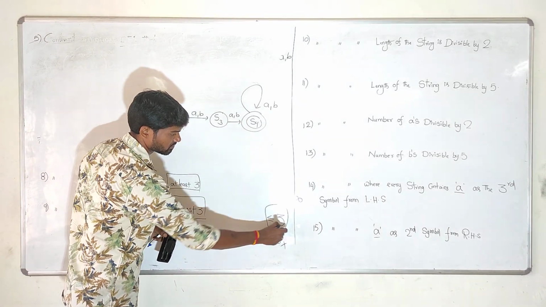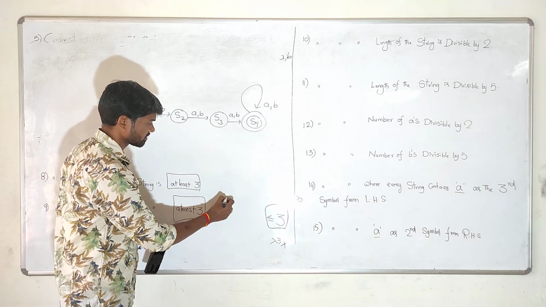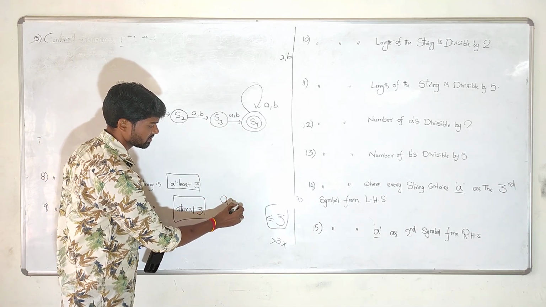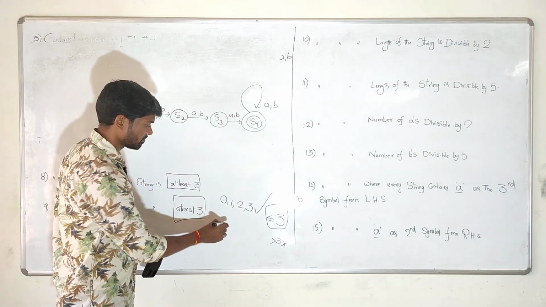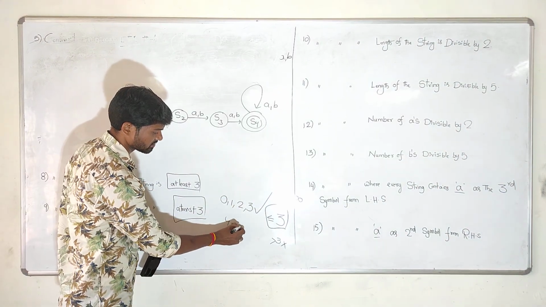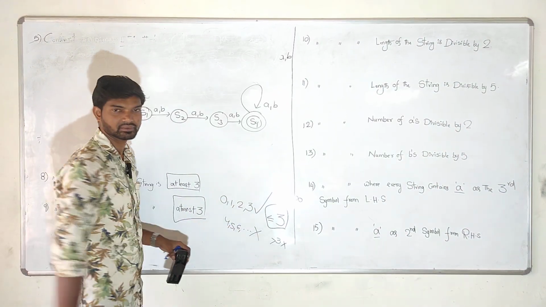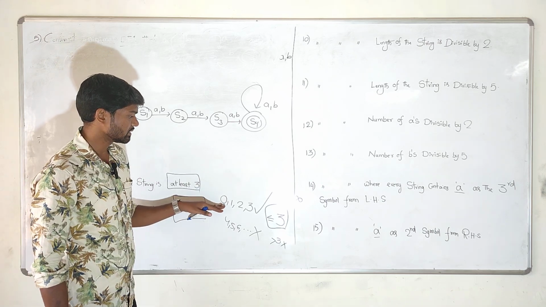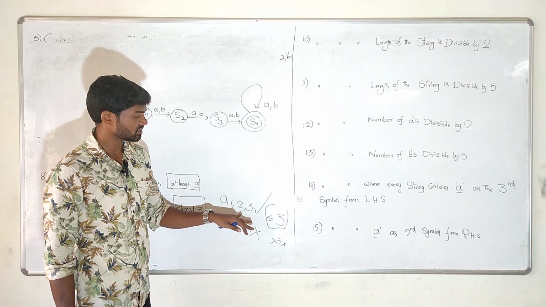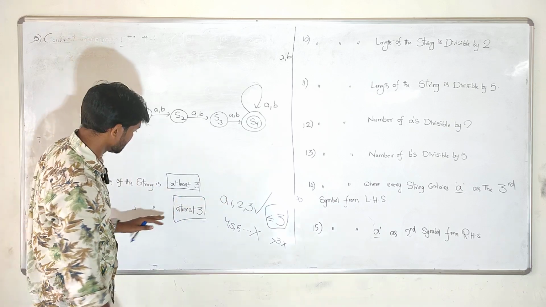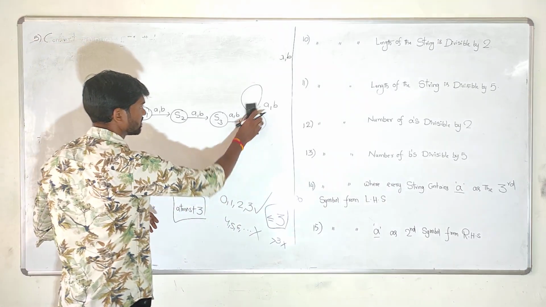At most 3 means 0 length string, 1 length string, 2 length string, 3 length string are accepted, but 4 length, 5 length, 6 length strings are not accepted. Same as the previous question, but with small changes.